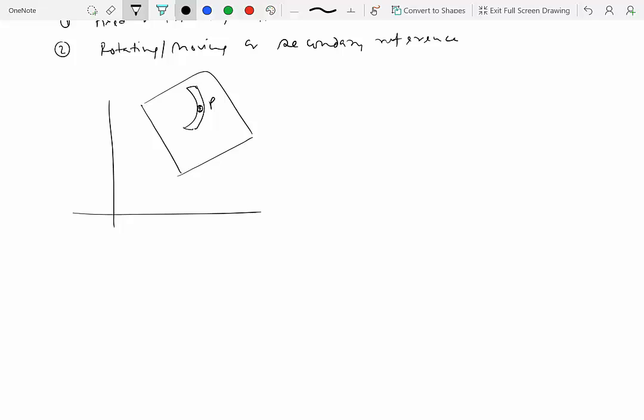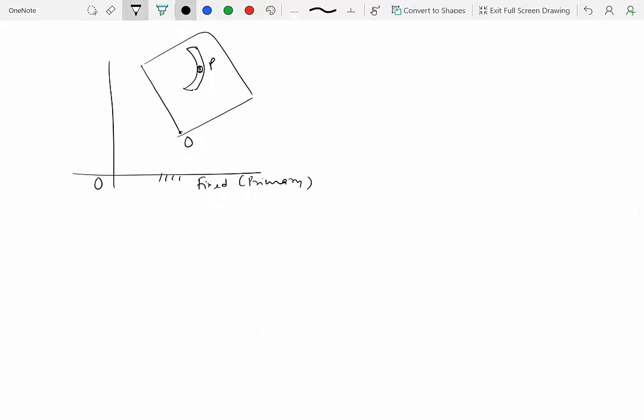And let's call this point O, okay. So here we have a fixed reference frame. This is our fixed or primary reference frame. All right, let's call it O, capital X, capital Y. And then we have a rotating reference frame which is attached to this rotating rigid body.